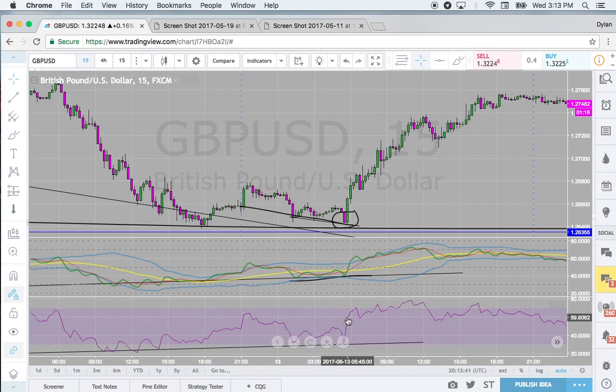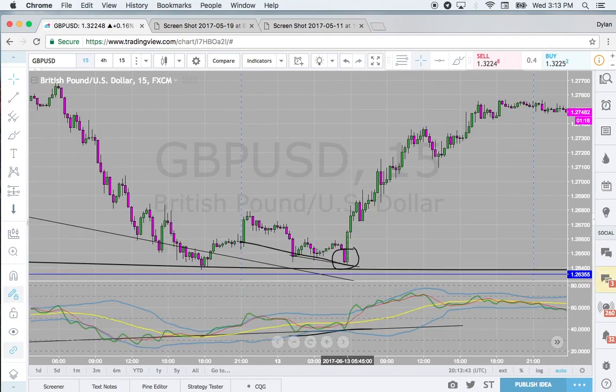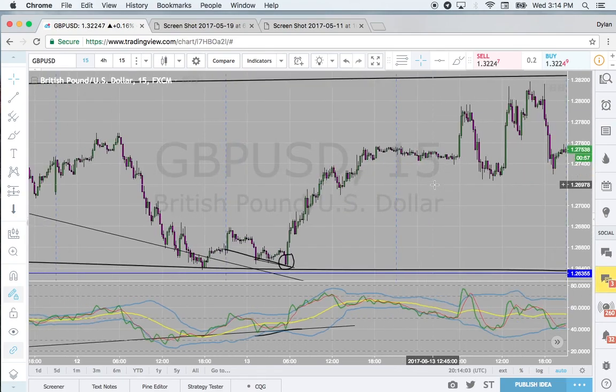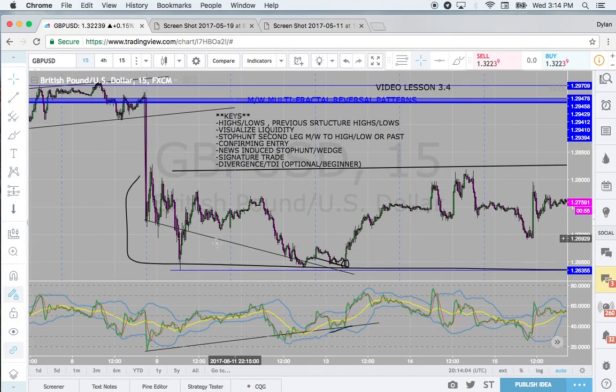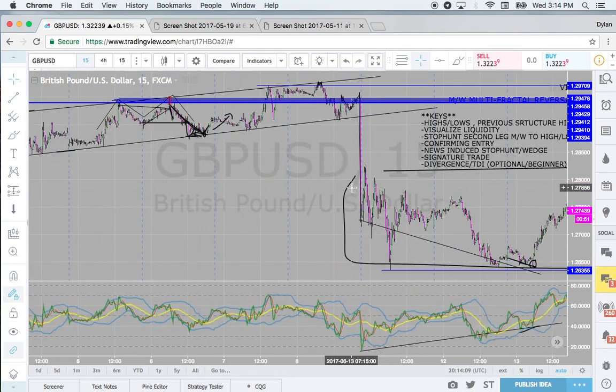I have come to the point where these are just tools, you guys, and you will evolve to the point where you don't really need these tools, because these tools are just working off of what price is telling us, and price is king, like I said before. So divergence is optional. It does help, though.